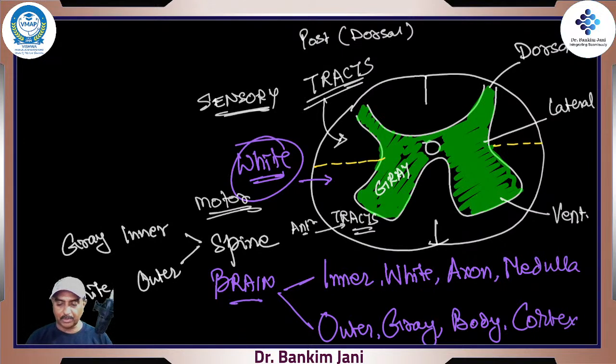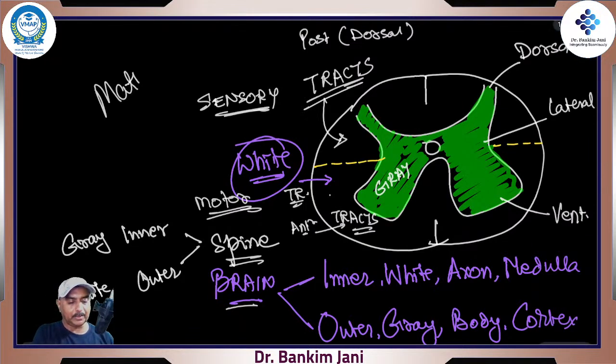Various columns, the tract of Gall and Burdach and all sorts, their names will indicate where they will be landing. But the whole idea is very clear that white matter is outside and that would be the tract. It is different from the brain, so do remember the brain, and this becomes easy.